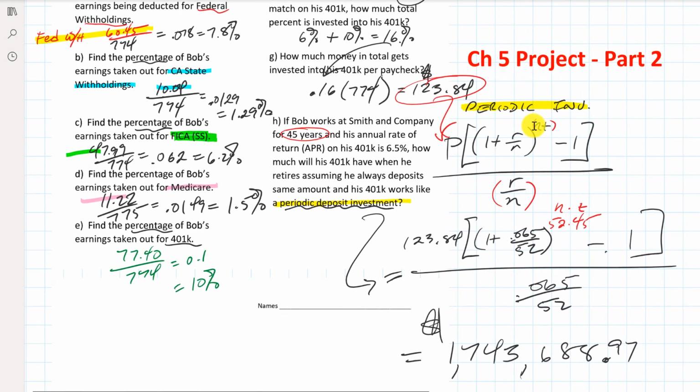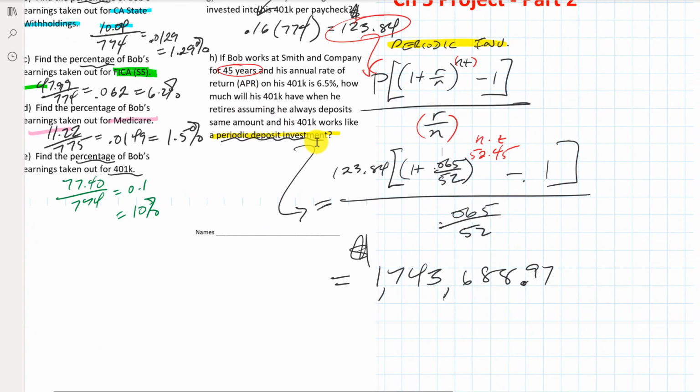In Part H, if you take that weekly deduction, your investment in your 401k, and deposit it every week for 45 years at 6.5%, look at this number. This is huge. You're going to have $1,743,000 when you retire in 45 years.